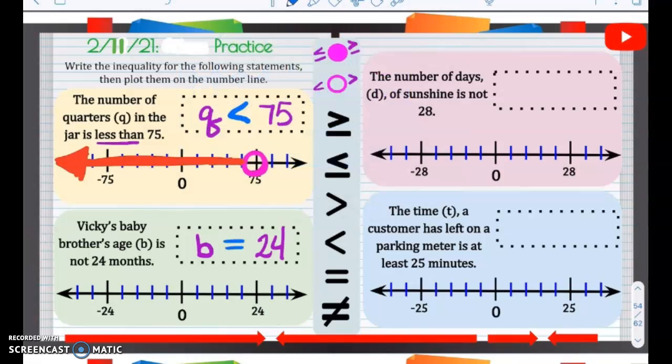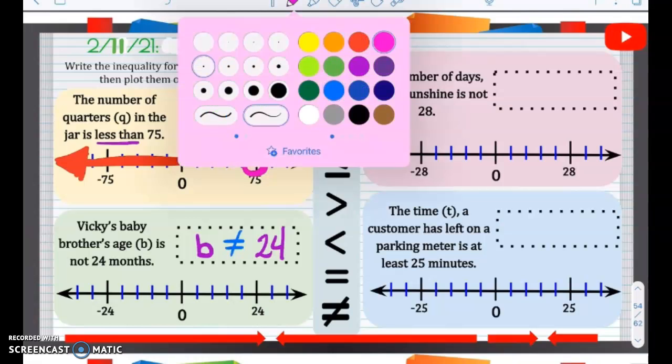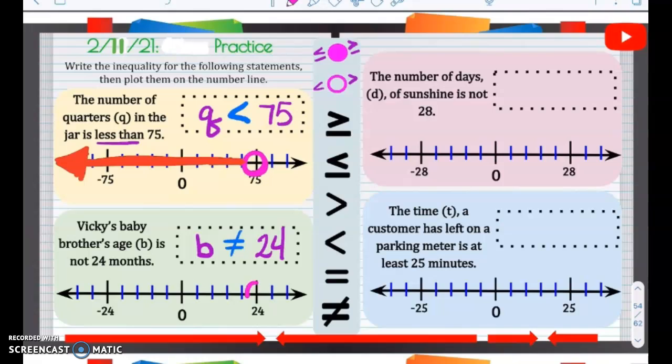When we have that not equal to, B is not going to be equal to 24. That means he could be less than 24 months, he could be more than 24 months. So we are actually going to have an open circle around that 24, because he cannot be 24 months, but he can be anything around it. He can be either above it or below it.